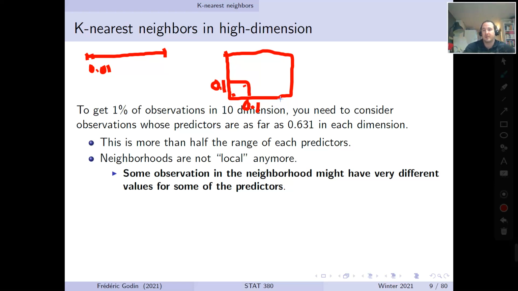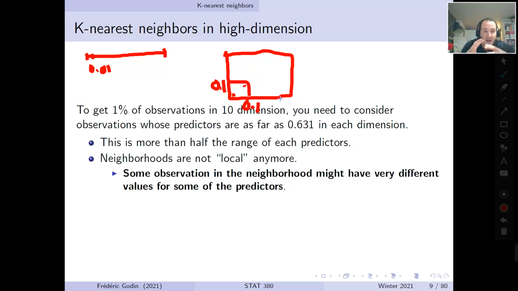total volume. Okay, so because of that, the neighborhoods in high dimension are not so local anymore. If you want to have k nearest neighbors, sometimes the nearest neighbors you obtain are very far away, because when you are in 10 dimensions, the total predictor space will be very sparse, in the sense that you will have very few areas in the total volume that are visited by a data point.